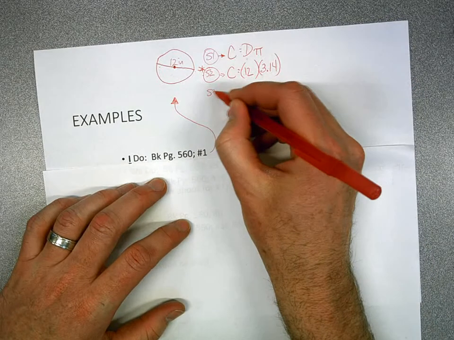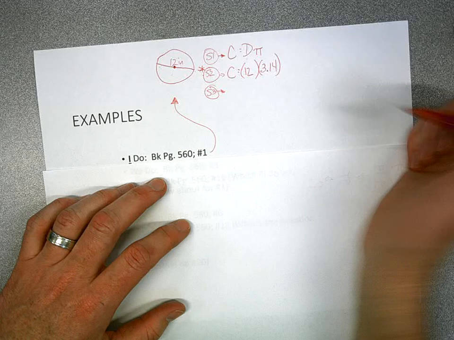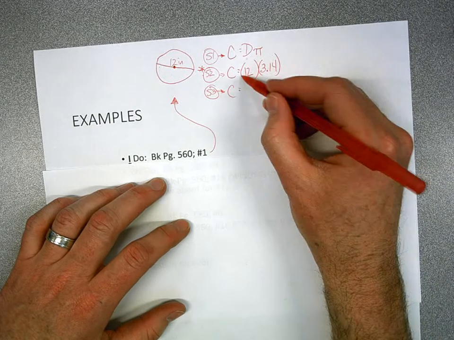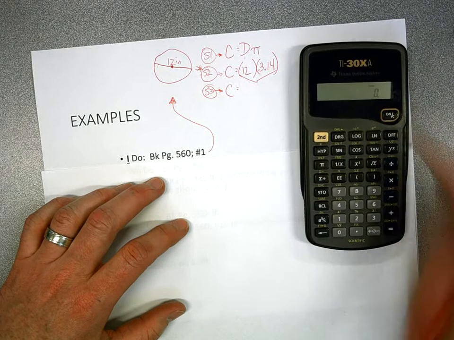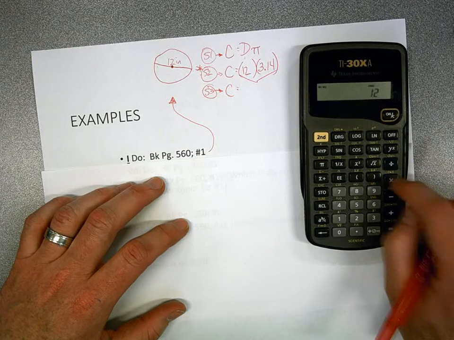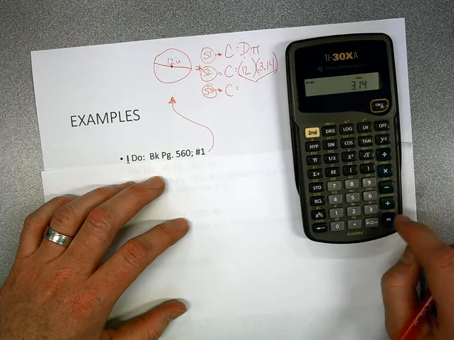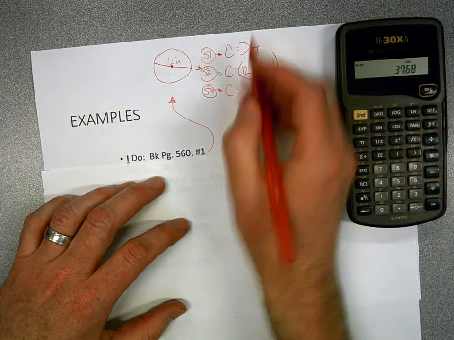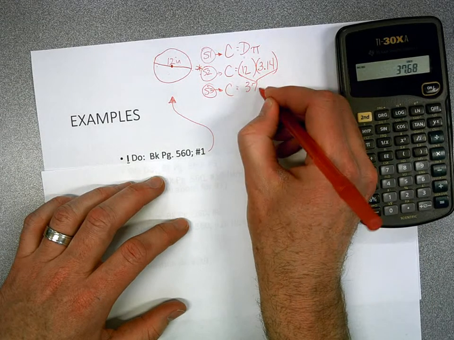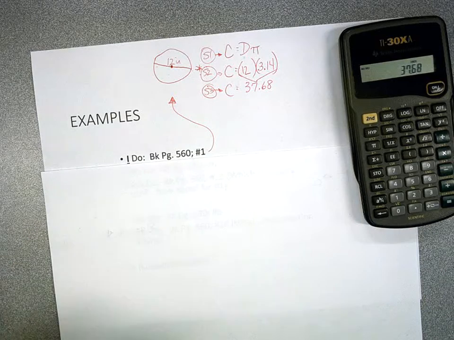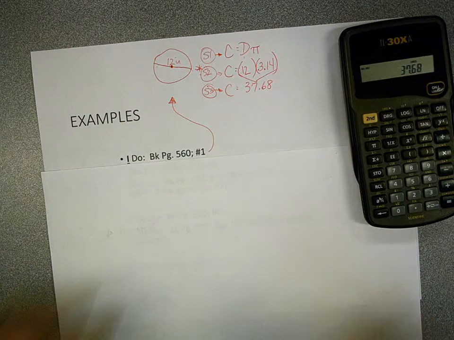Step 3 is to simplify. 12 times 3.14 gives me 37.68, or 37 and 68 hundredths. Remember, it says round to the nearest tenth.